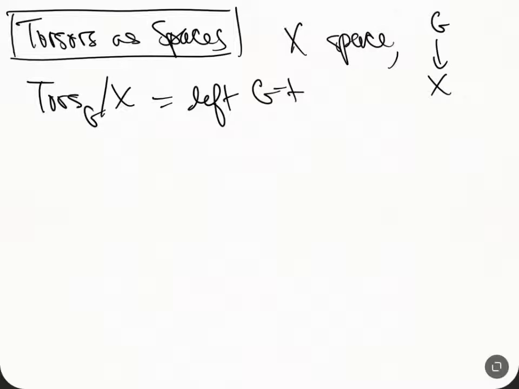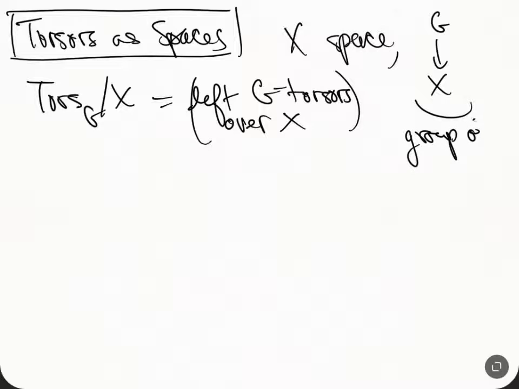Oh, so then we'll take G over X. So this is going to be a group object over X. So this is a group object in the over category over X. Okay, so now we're gonna define what this category is.